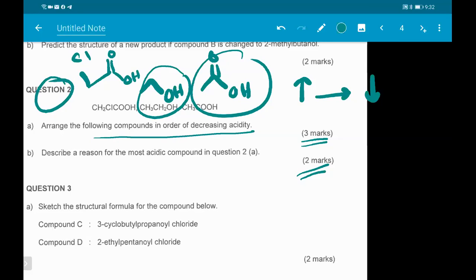Okay, ni saya balik pada soalan tadi. Ada 3 compound. We have 2 carboxylic acid dengan alcohol. But we can easily determine which one has the lowest acidity. Let's say we have A, B dengan C. Yang mana paling lowest acidity dia?